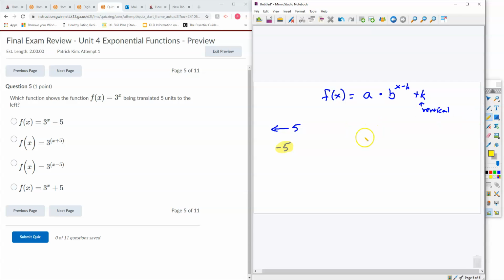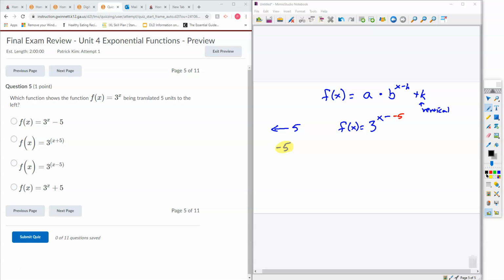Okay, so if I were to plug that in, so let's say I have f of x equals, there is no a, so I'm just going to write 3 to the x power, but because it's left, it's going to be in the exponent, so minus negative 5. Well, you can't have a minus negative, so think about what you're going to do with that. Then figure out what your final answer is going to be.